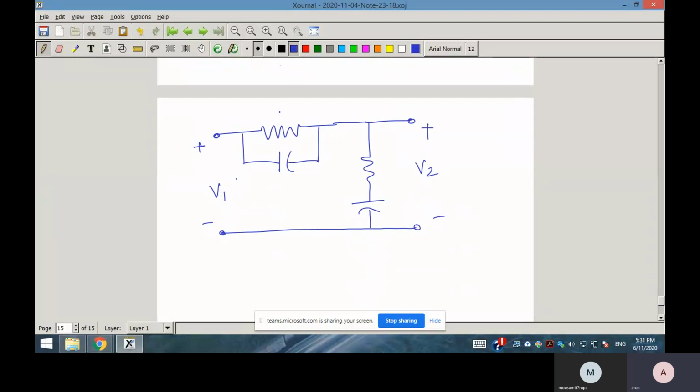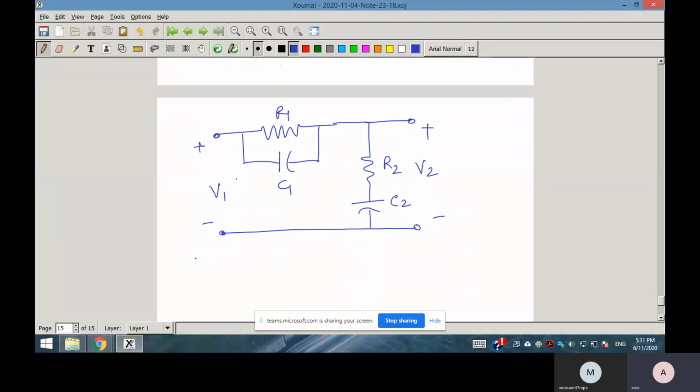This is your R1, C1. This is R2. This is your C2. So we just want to see whether this circuit represents the transfer function of a lag lead controller. That means V2(s) by V1(s) is a transfer function of a lag lead controller.